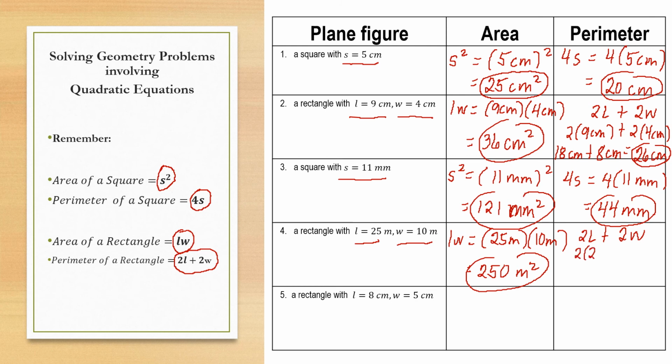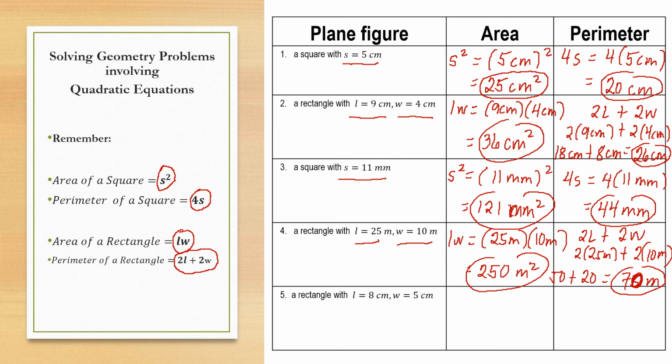Twice of 25 meters plus twice of 10 meters. So we have 50 plus 20 meters, and that is equal to 70 meters.